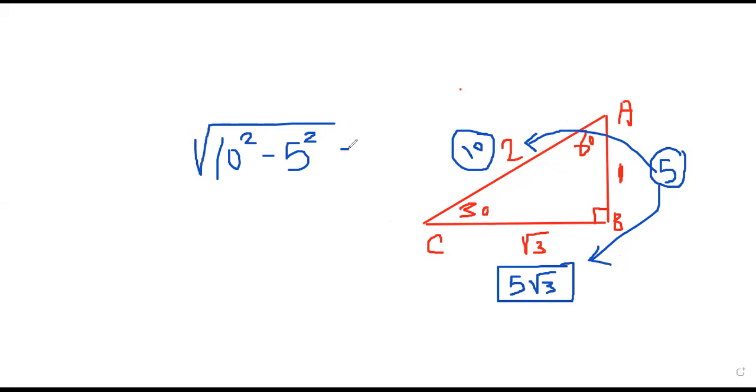It will be 5√3, exactly. Then, if you can use the rule directly, 1, 2, √3, you are welcome. If you don't know how to use the special case, then it's a normal question with the Pythagorean theorem to find a side or to find a leg.